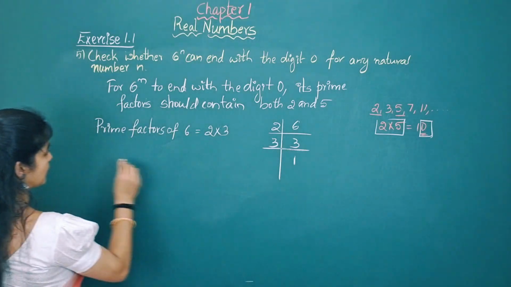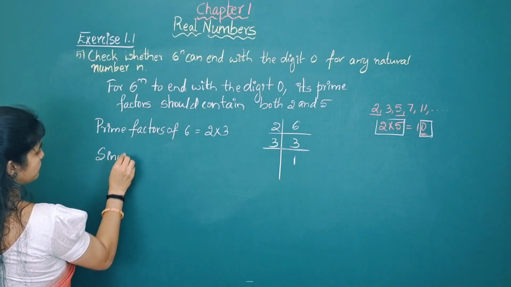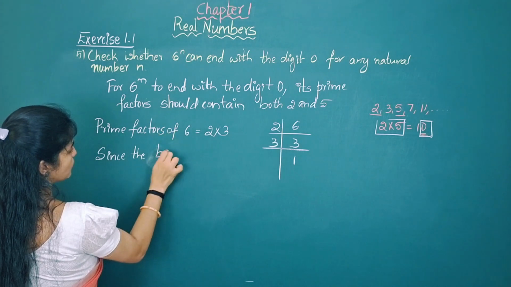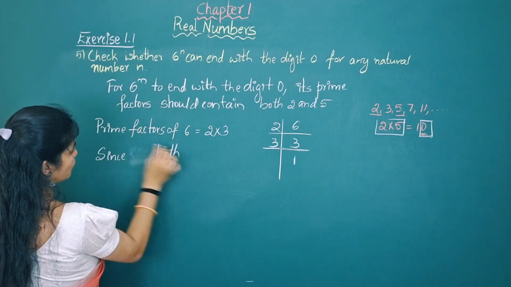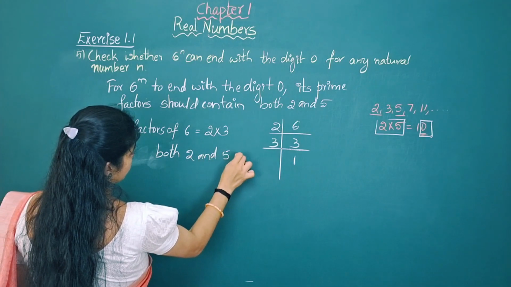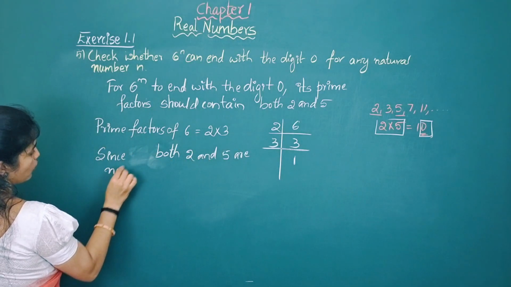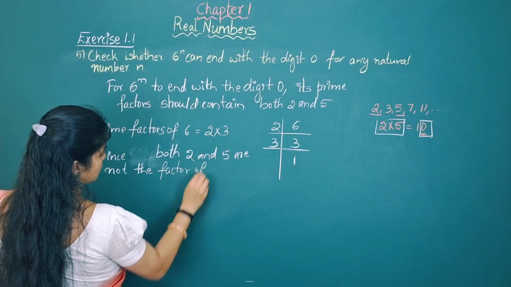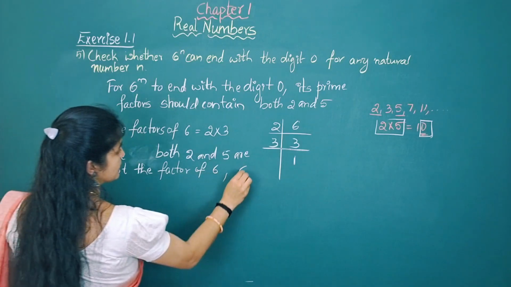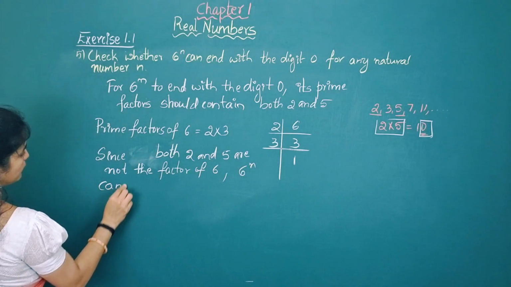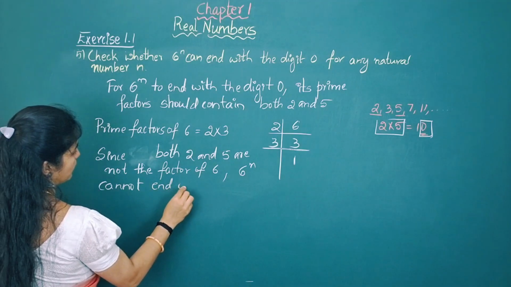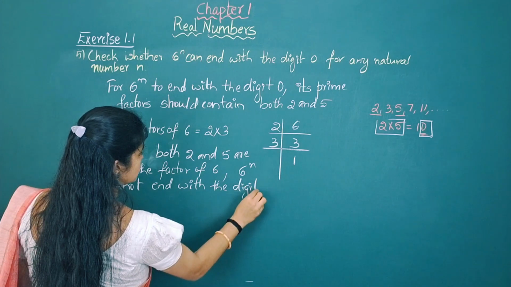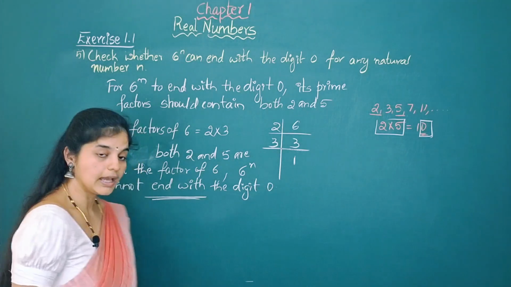So now we can write: since both 2 and 5 are not the factors of 6, 6^n cannot end with the digit 0. So this is the answer. I hope it is clear.